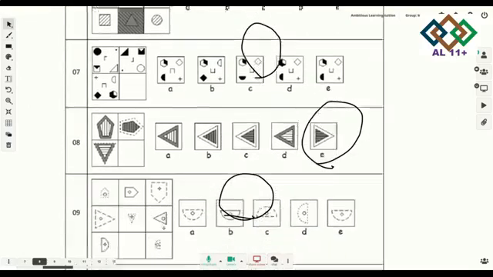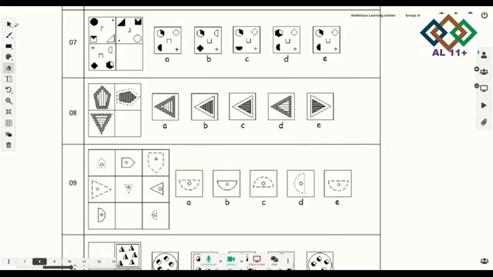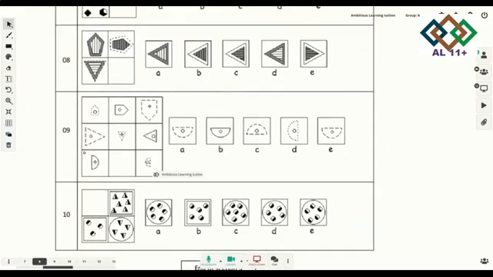So let's move on to number 9 now. I'll remove this for you guys. Number 9 and 10. In number 9, again the same thing will be happening that we just saw. The shape is rotating 90 degrees from left to right and also changes size. So each row and column has a small, medium and a large shape.